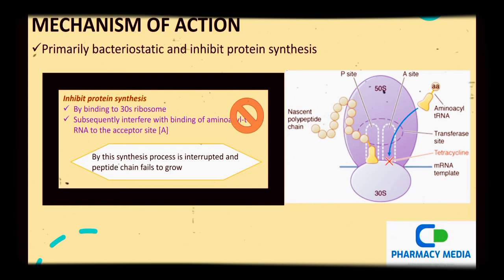Basically, coming to the antimicrobial spectrum, they are wide spectrum antibiotics because they almost cover all the cocci and most gram-positive bacilli. In the gram-positive bacilli, only mycobacteria like leprae do not show any response to tetracycline.